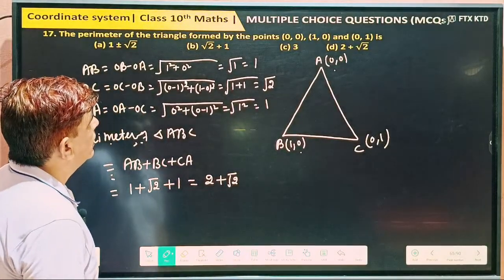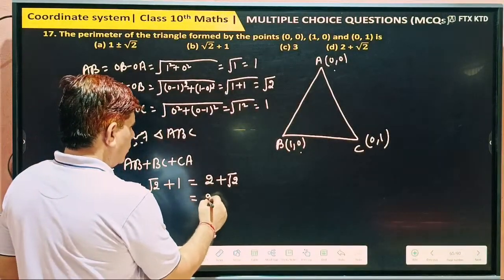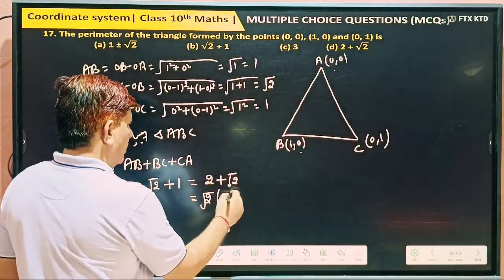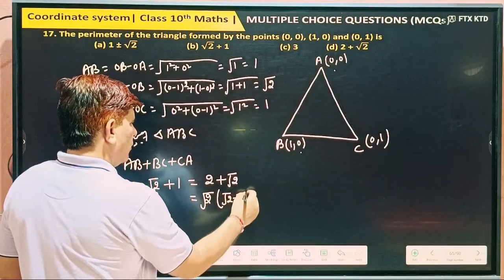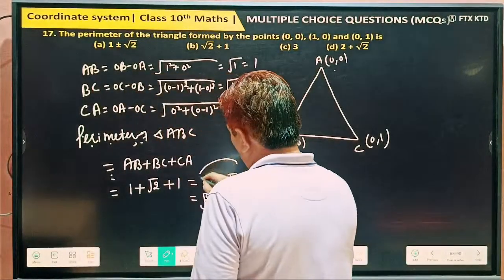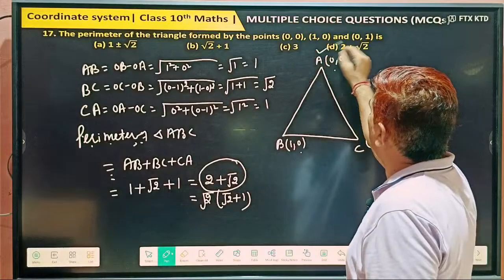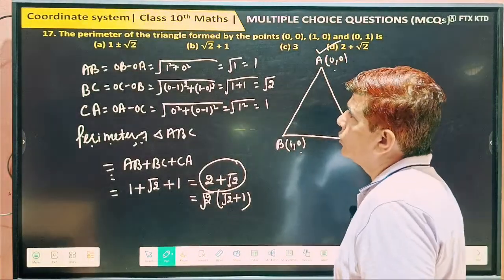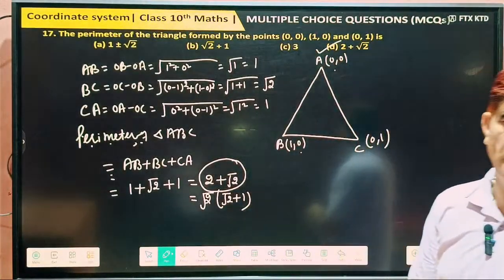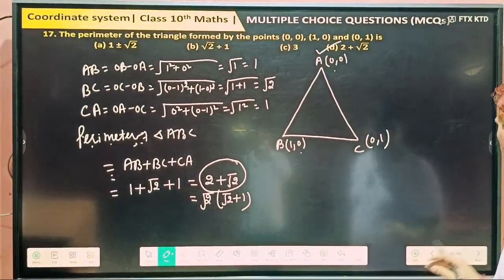How can we write this? Under root 2 taken common, under root 2 plus 1. In this way also we can write, but its answer is given in this form. So this is its answer. That was 17. Perimeter means sum of all its sides.